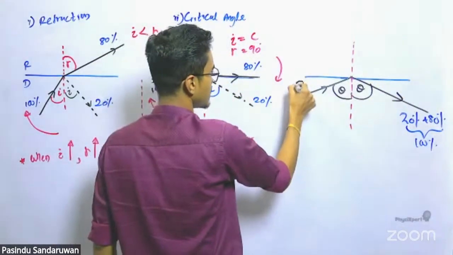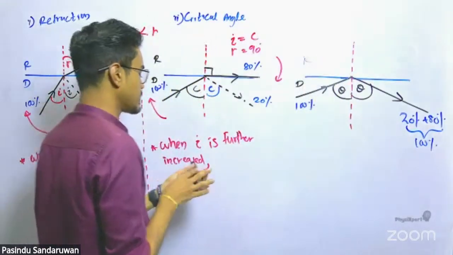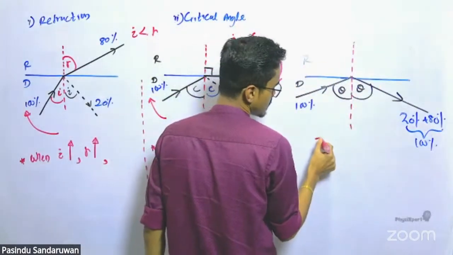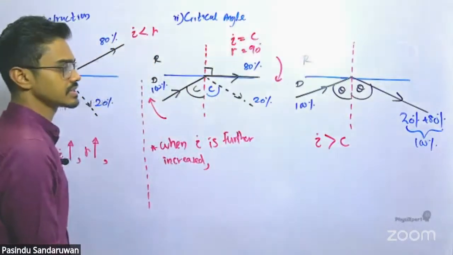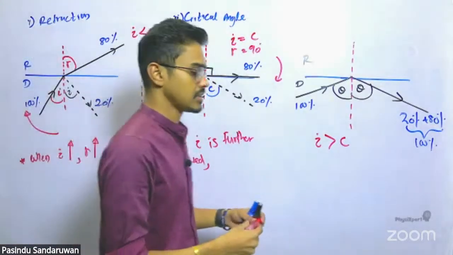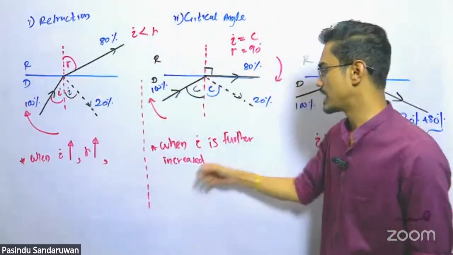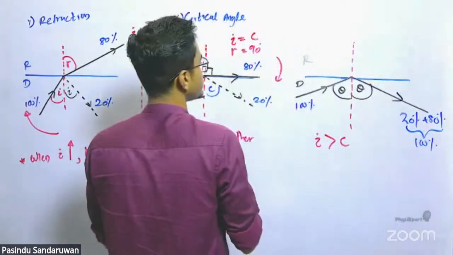Then, with the dense medium and a rare medium, in this case there's no refraction. In this case, I is greater than C. Write down below: when I is further increased.